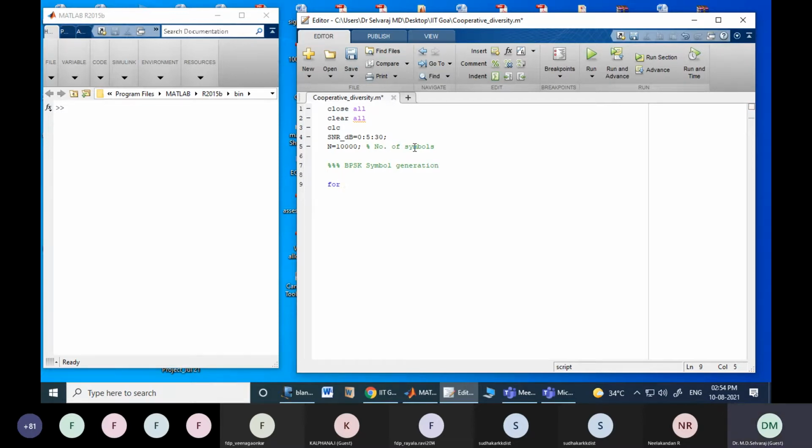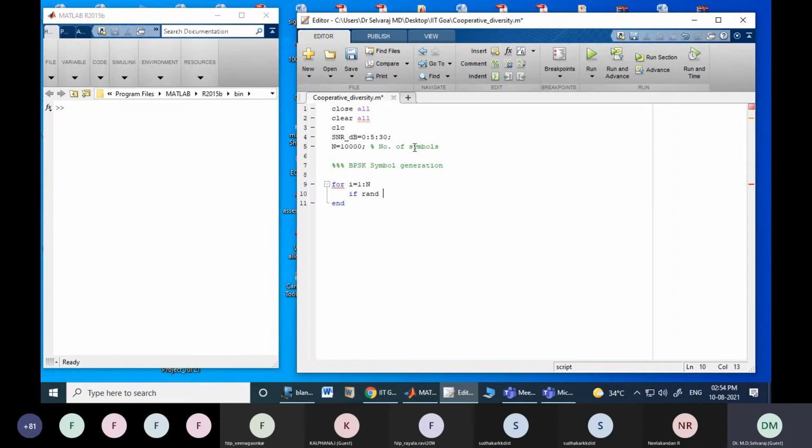So how do we generate? I want a random generation of the symbols. Therefore, let me put it in a very simple way, 1 to N. I just produce a randn. The rand is the number which produces an arbitrary number between 0 and 1.